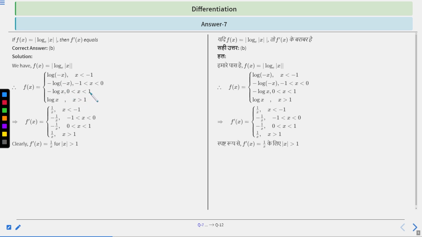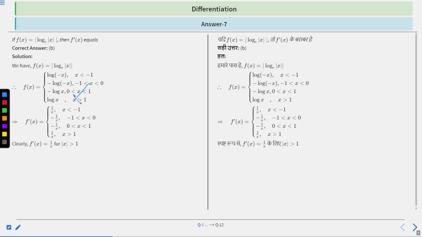When x is between 0 to 1, this becomes minus of log x, clear? As we know that when x is between minus 1 to 1, log of something will be negative, right? And when x is greater than 1, f(x) becomes log x, clear?